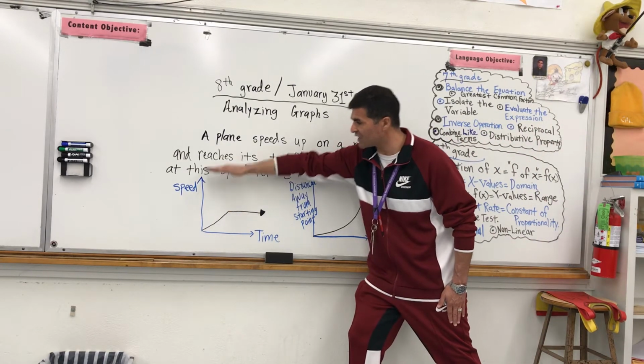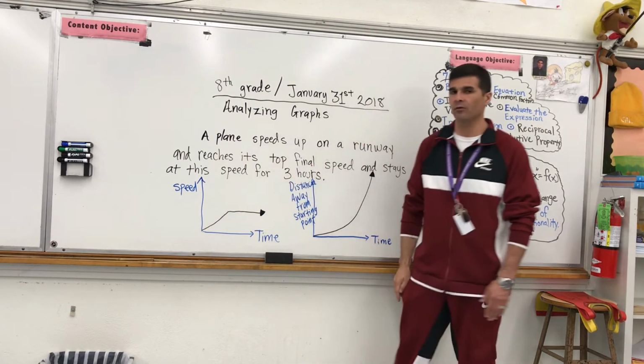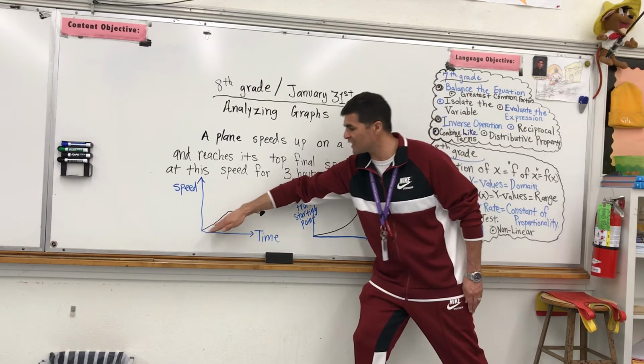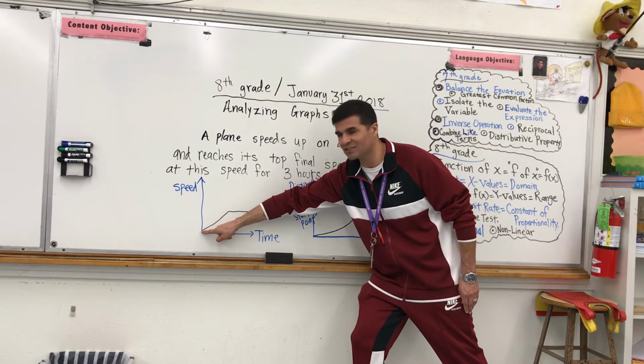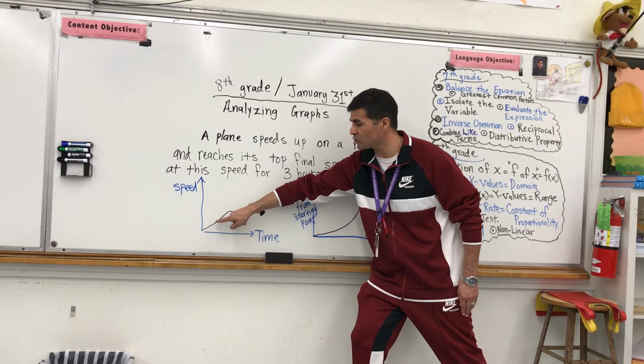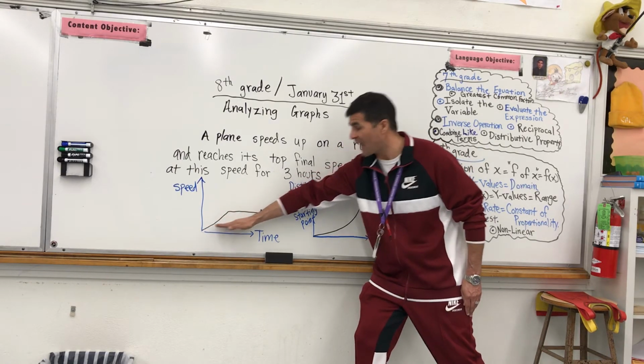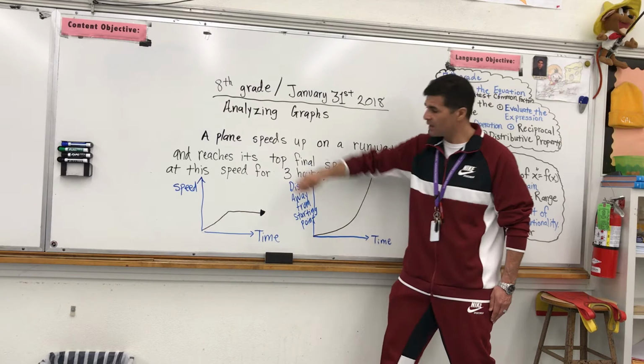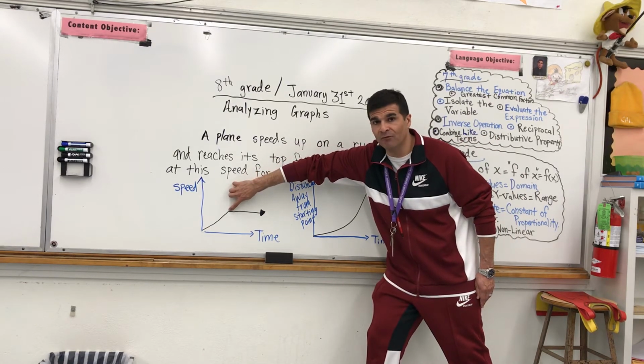So is the speed going to keep on going up? Well, no, it's not. The speed will stay the same. See, the plane takes off and it hasn't started. It started at 0. Once the plane starts moving, it's going faster and faster and faster as time passes. Eventually, it's going to pick up from the ground into the air.